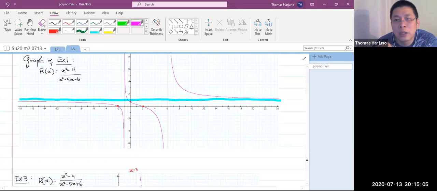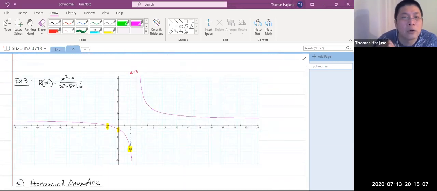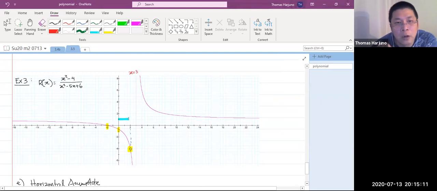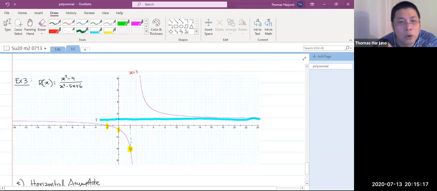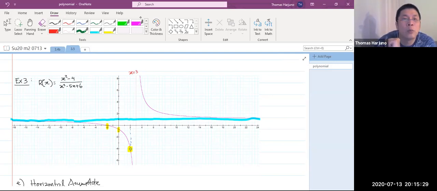Now, we can see also in this case here, the horizontal asymptote happens to be the same, y equals 1. You see, the further we go to the right and the further we go to the left, the closer the graph will be toward that horizontal asymptote. Okay, now that's more or less the definition of horizontal asymptote.